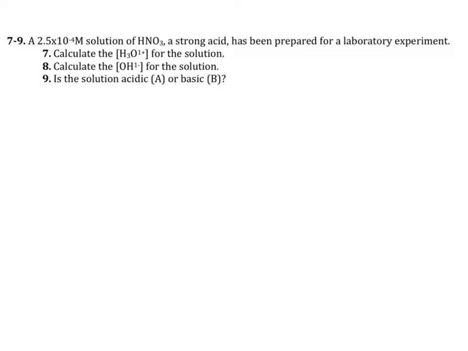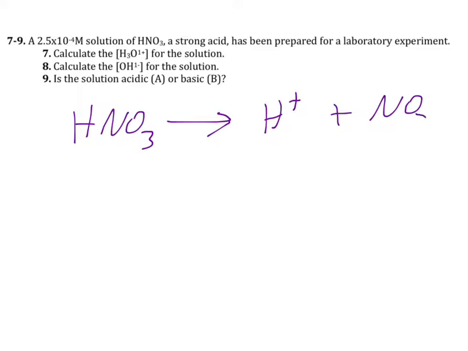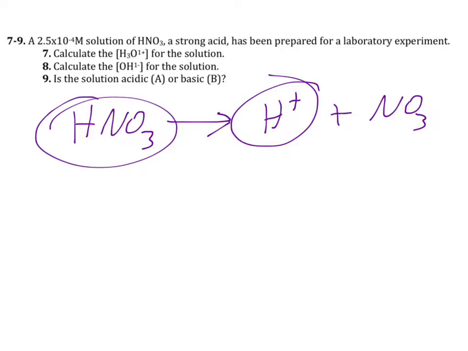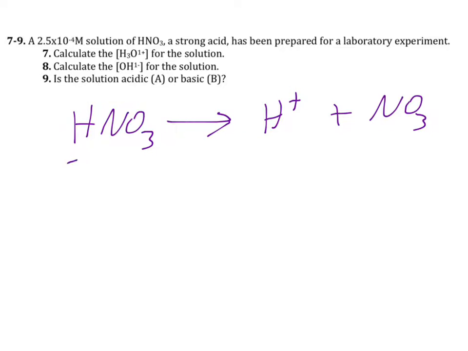And so we know that HNO3 will yield, and it's a strong acid, so it's 100% goes this way. Then we also know that whatever the concentration of this is going to be equal to the concentration of that. Because this has a concentration of 2.5 times 10 to the negative 4, that means this will have a concentration of 2.5 times 10 to the negative 4. And so that is the answer to number 7, which is 2.5 times 10 to the negative 4.